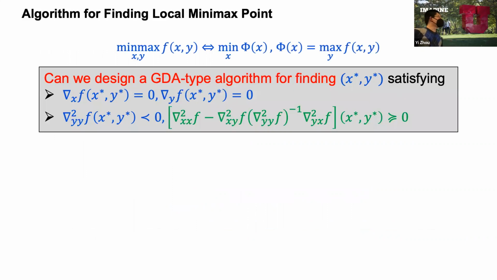So the key question here is, can we develop an algorithm that globally converges to local minimax points in this minimax optimization? And these are the conditions that need to be satisfied in order to be local minimax. So it's the first order stationary condition, and the second line is the second order conditions.